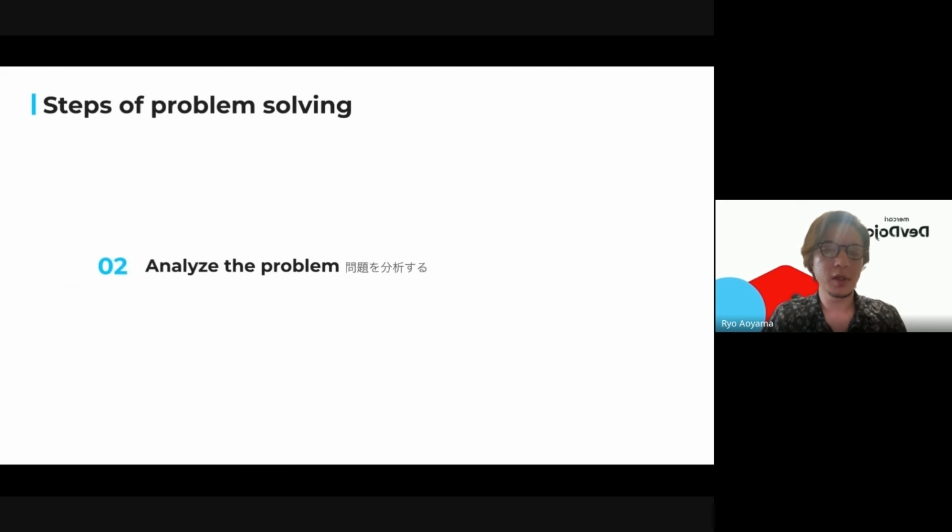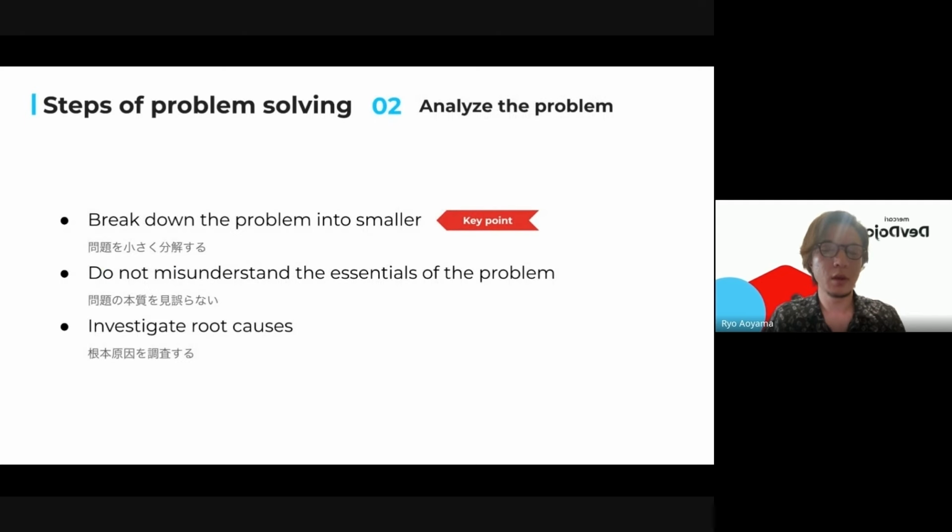So we were able to fully grasp the problem. The next step will be to conduct a further analysis of that problem. When we analyze a problem, the most important point is to break it up into smaller pieces.